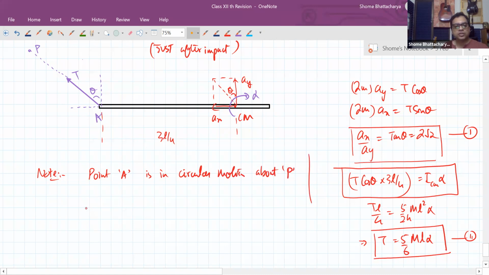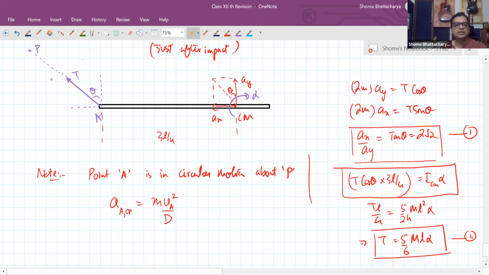And it is in circular motion in such a way that it has a centripetal acceleration and it has a tangential acceleration. It has a centripetal acceleration which will be equal to m into the instantaneous velocity of that point square divided by d.